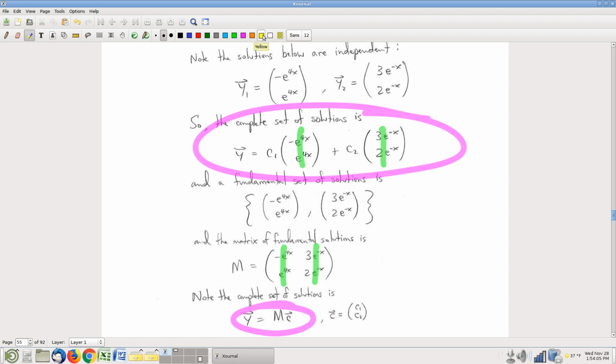Multiplying that matrix M by this vector C1, C2: the way you multiply a matrix times a vector is to take the linear combination of the columns using the vector's coordinates as coefficients. You get that. So, very compact, very convenient in a way.